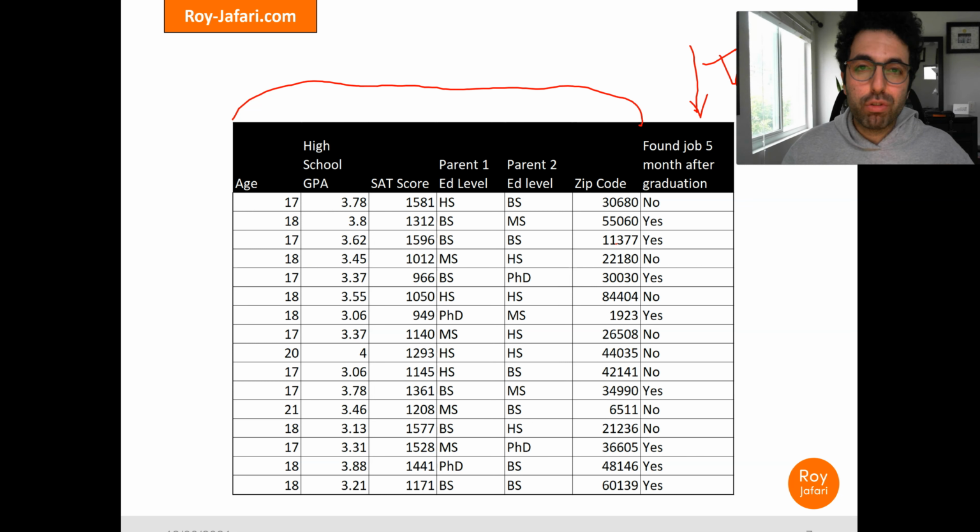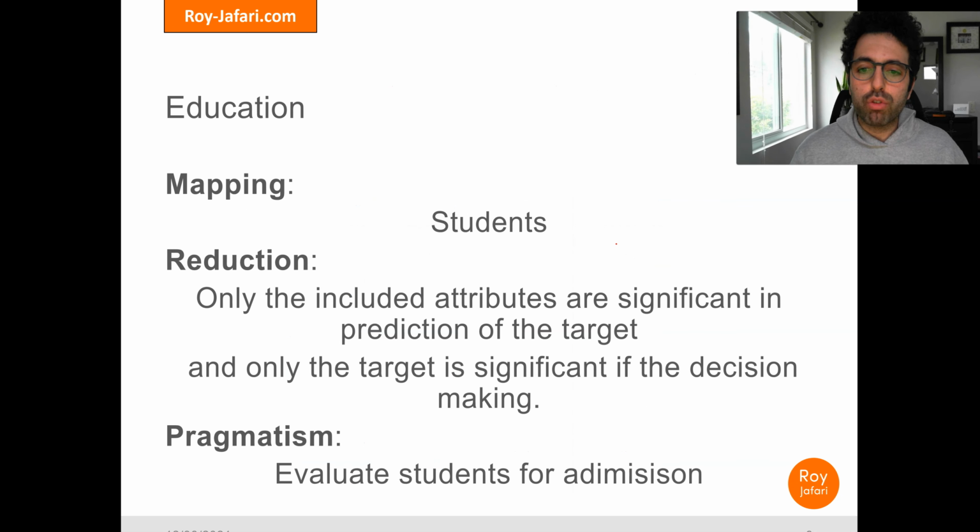There is a difference between the types of attributes in this model. In the clustering models, we only had attributes, and it didn't matter what type. Here we have independent attributes and a dependent attribute. Of course, the dependent attribute, or target, is of high importance to this model because we want to be able to predict it.